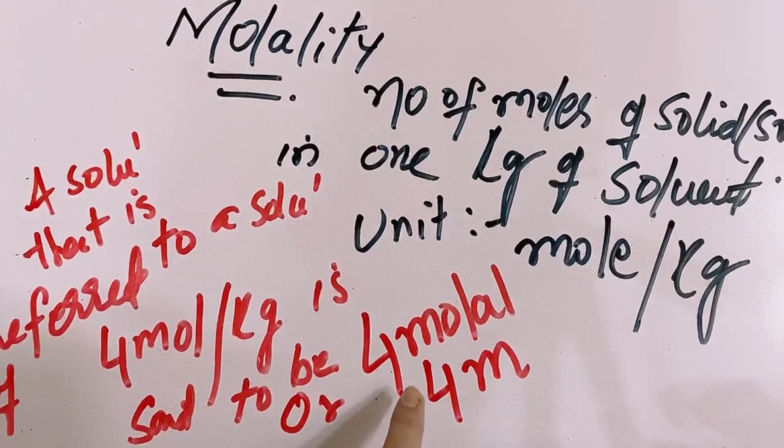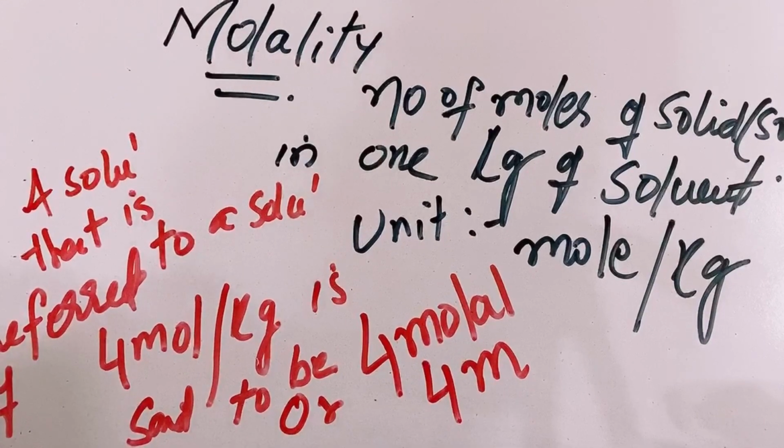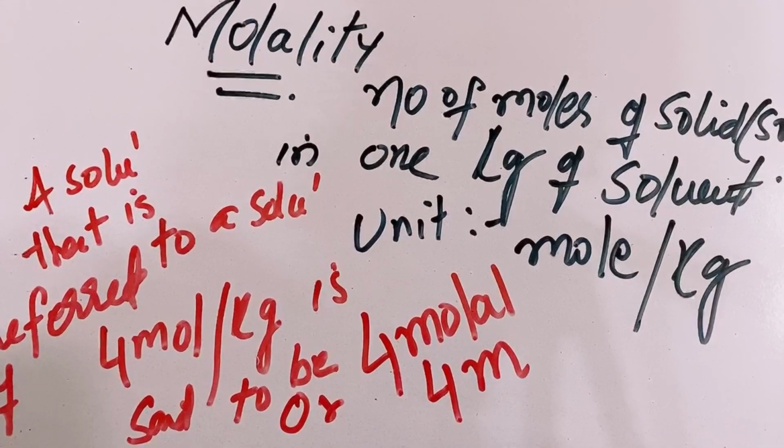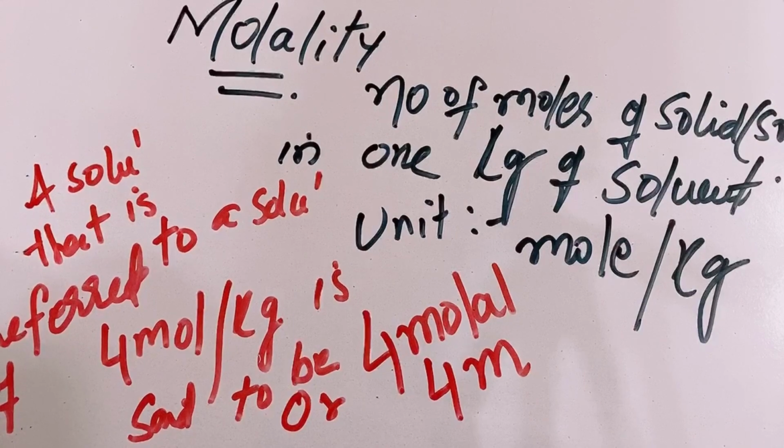So a solution that is referred to as a solution of 4 mole per kg is said to be 4 molar, and likewise other numbers also. If 3 molar, if you just replace 4 with the 3, it will be 3 molar, right?